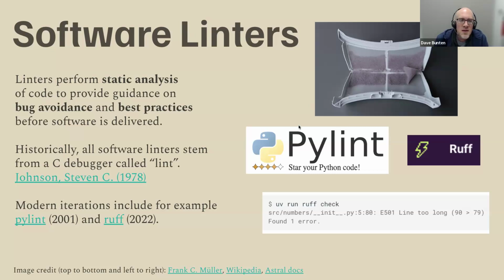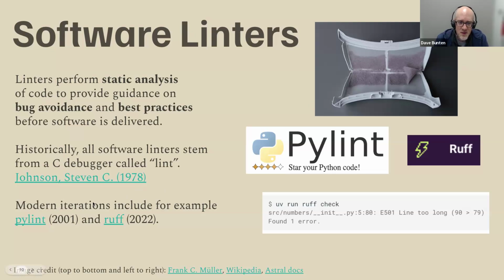Historically, all software linters stem from a C debugger called lint that started sometime around 1978 from Stephen Johnson. But maybe it was developed a little bit prior to that. I think this was the publication that was associated with it, but it might have been used before that. So they've been around for quite some time.